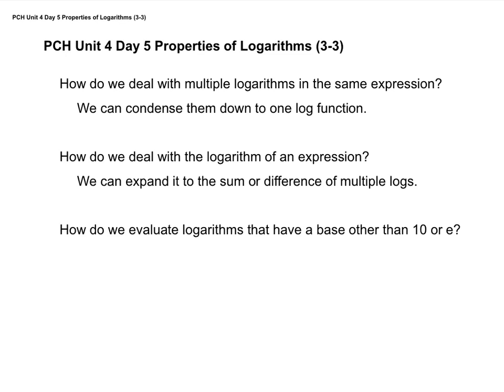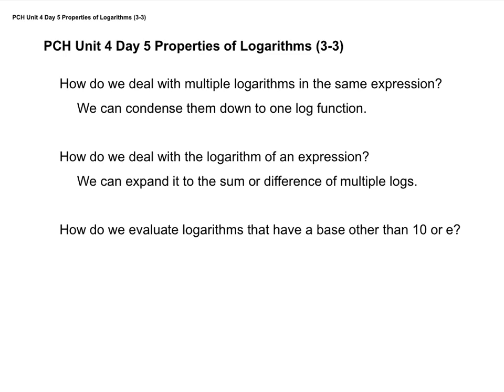Even if your calculator can, the way that we do this is so simple, it's faster to do it using our change of base formula, which we'll look at in a sec, than it is to go into whatever menu you have to get the logarithm.